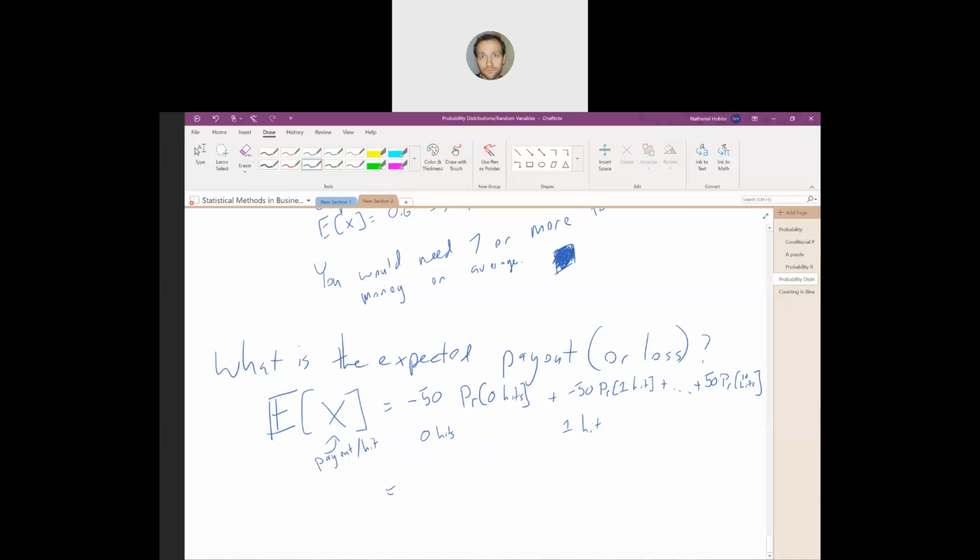the probability of 0 hits? It would be 1 over 0.4 to the 10th.